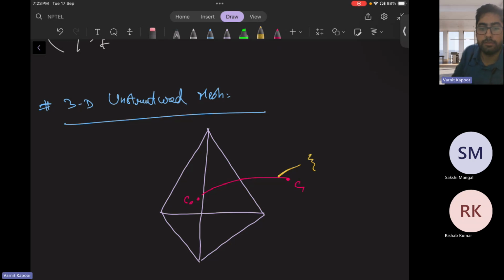And we have cell centroid somewhere, C0, connecting to another cell centroid C1, talking about one particular face that happens. So suppose this one is that. It's difficult to visualize, which I have highlighted like this.